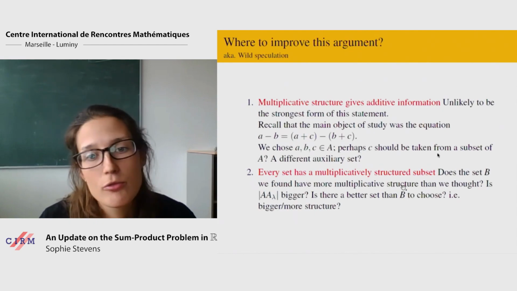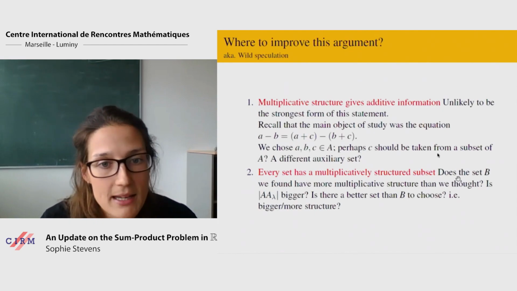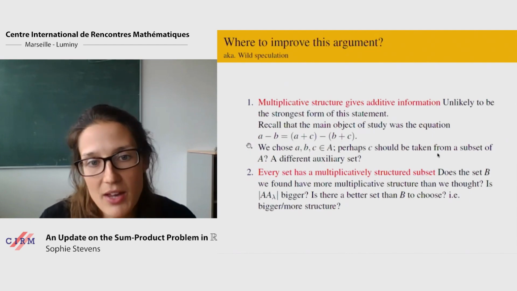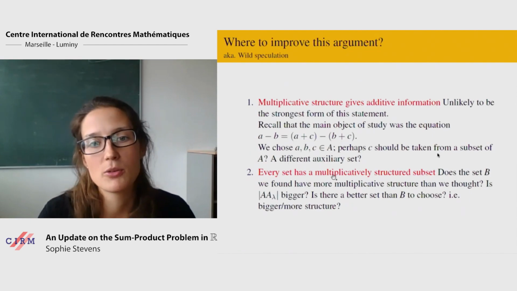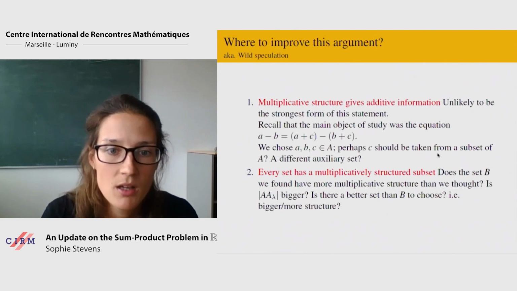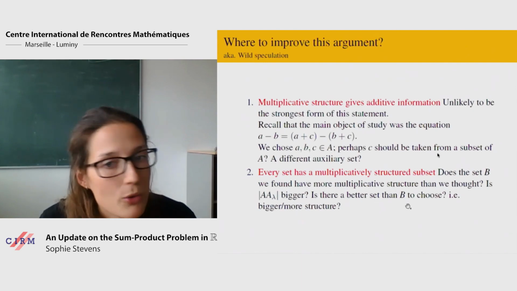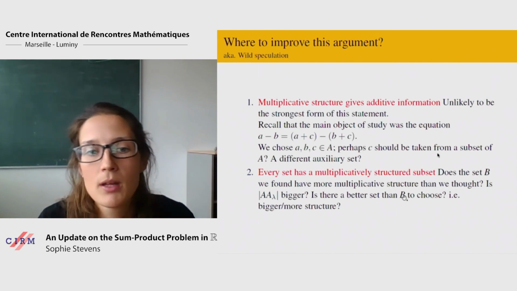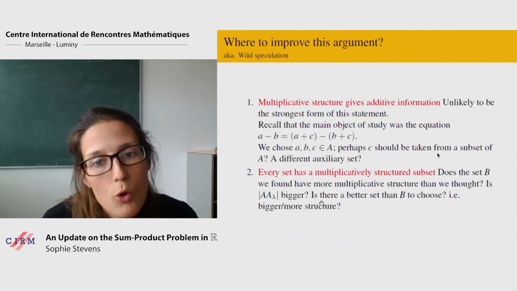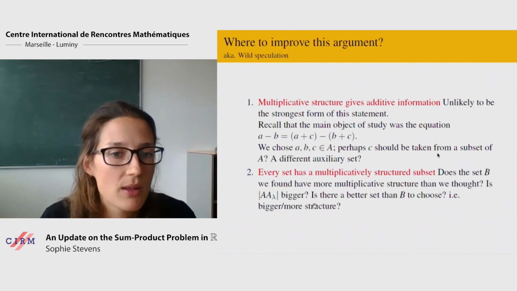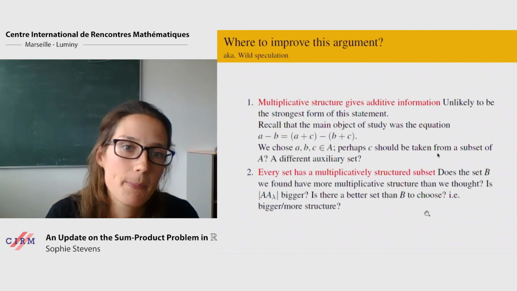But perhaps actually this is the wrong set to work with completely. Perhaps there's a better subset of A which has got even stronger multiplicative structure. So it could be better in two ways. It could be a bigger subset, or it could be a smaller subset but with more powerful structure.